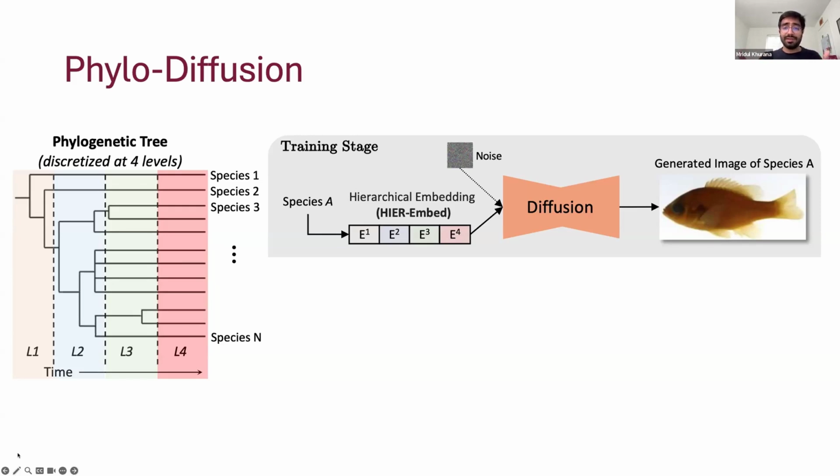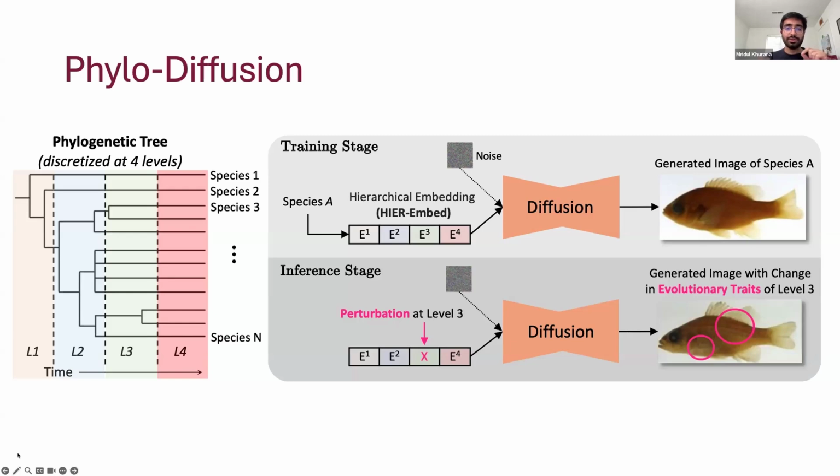The group at each level represents a subtree, where we can go from coarse-grained to fine-grained representations. We get the embeddings at each level for a particular species, and we concatenate these embeddings for the 4 levels to form a sequence of tokens, which we use as the input condition to guide our diffusion model. As for the diffusion model, we're using a backbone of latent diffusion models.